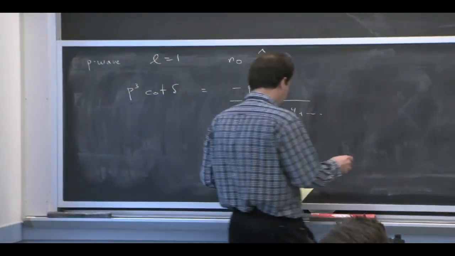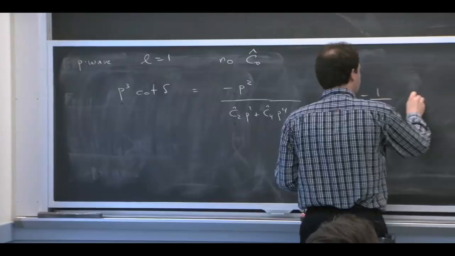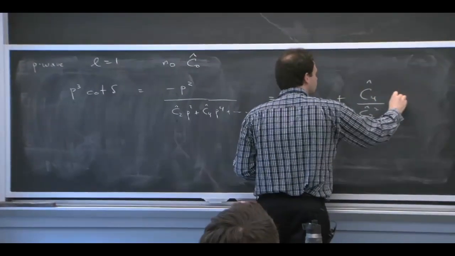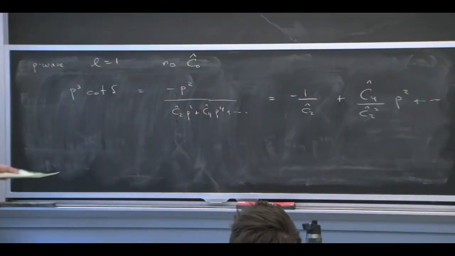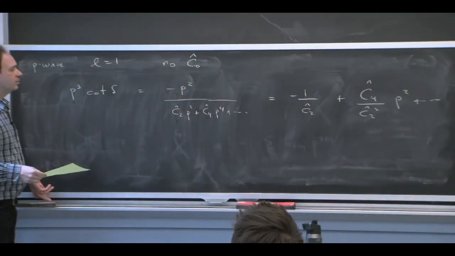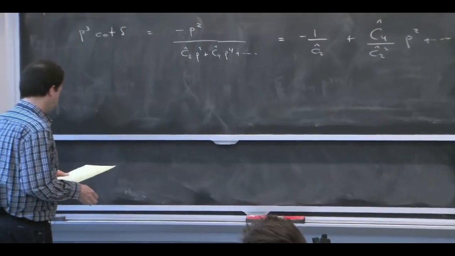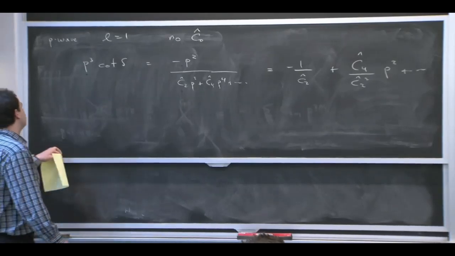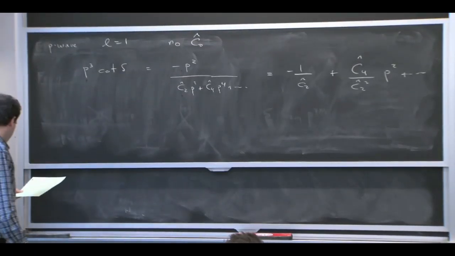And again, this thing has a Taylor series. Same story as over there. We can identify the scattering length for the p wave as the 1 over C2 hat. Okay. So all the higher partial waves work the same way. And you just have to have p to the 2l plus 1 in front of your cotangent delta.